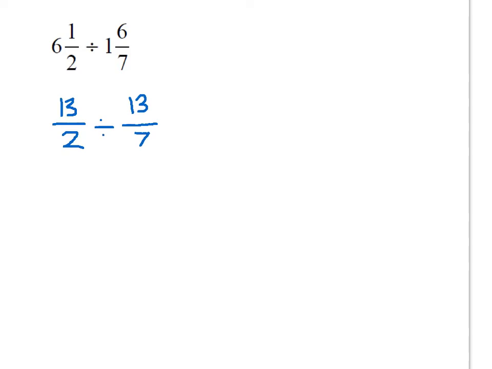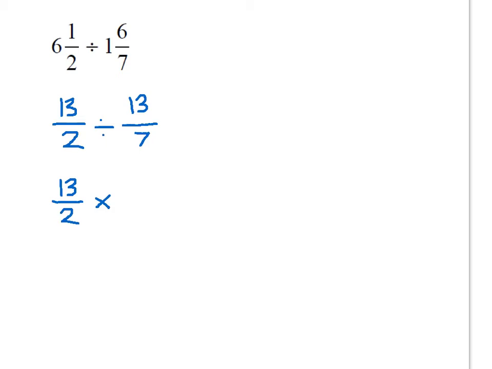Now, when you are dividing fractions, there's a certain set of rules that you can follow. And that's that you can change this divide into a multiply as long as you then flip the second fraction. So we're going to change our divide into a multiply, and then we're going to flip this the other way around.